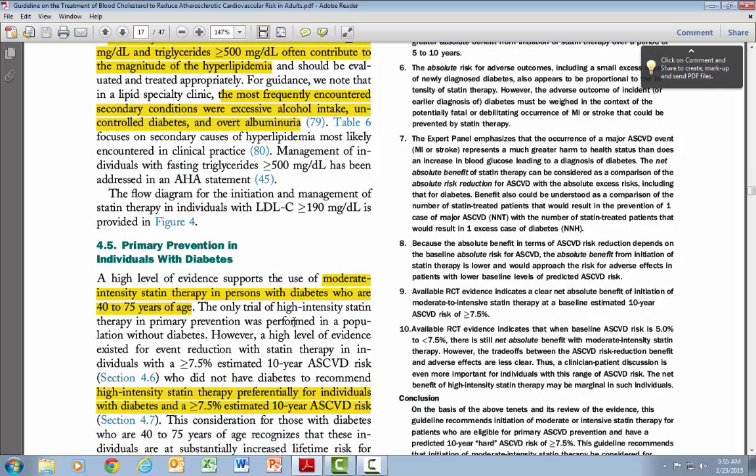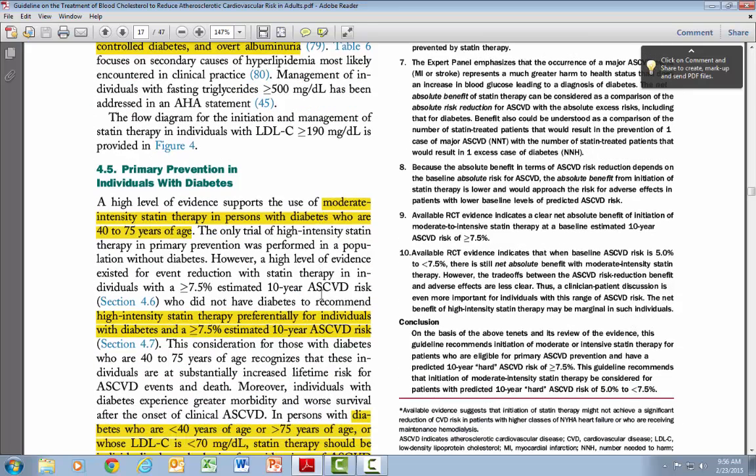Remember that if the patient has diabetes, again, they must be on moderate intensity statin because statins increase the blood glucose levels and even put the patient at risk for the first time diagnosis of type 2 diabetes. All right? Unless the patient is diabetic, but has more than 7.5 risk of death in the 10 years.